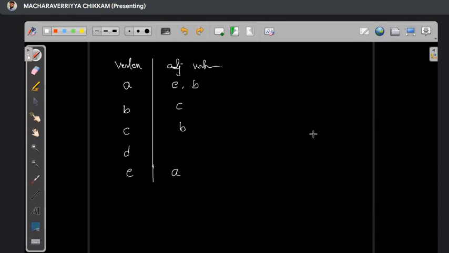Is it possible to have a graph of this type? We are discussing undirected graphs only, not the directed graphs. Not possible. What is the reason?